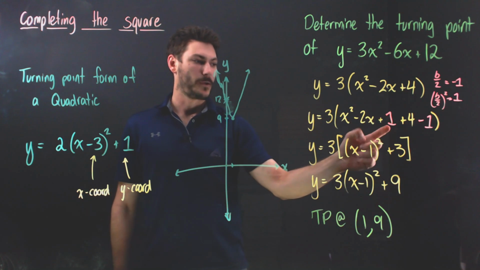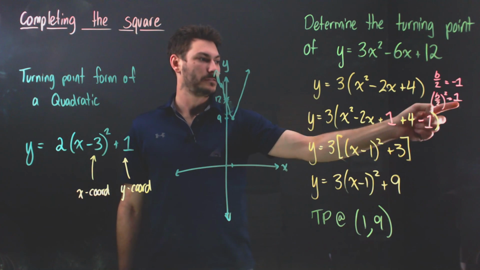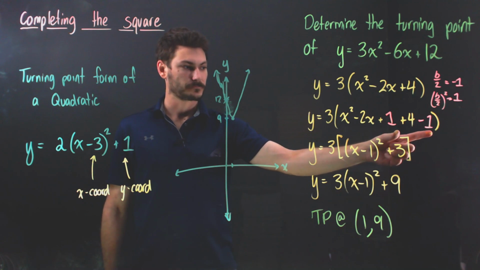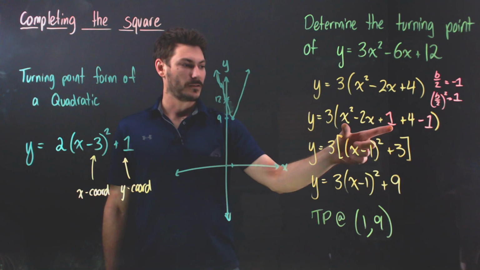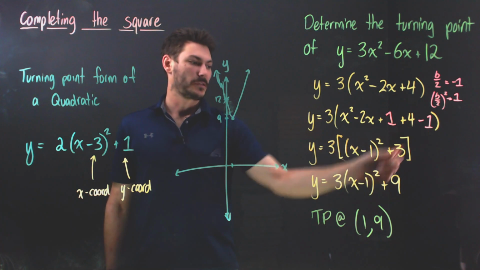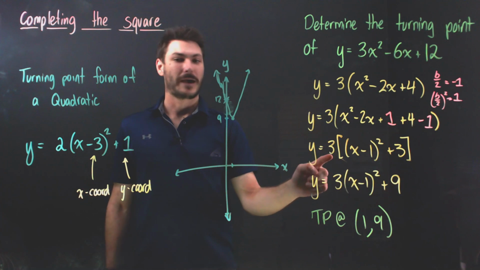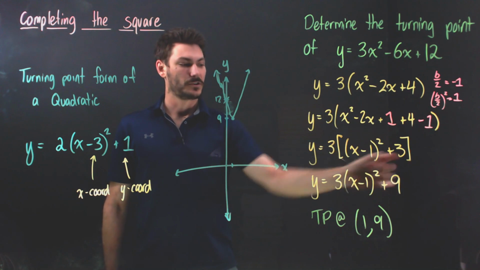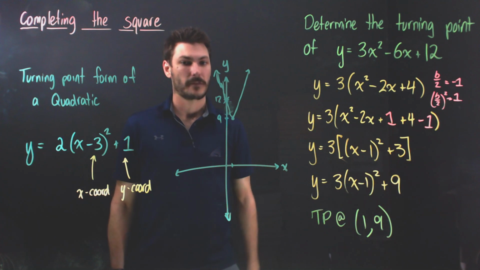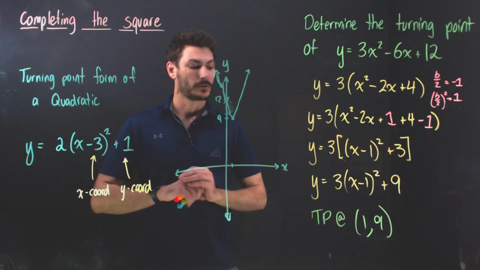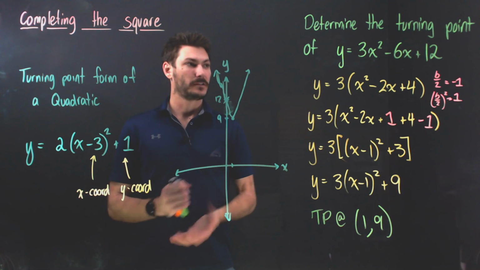But in order to figure out what goes on the end, you need to square it and then add and take it away from both sides to keep the equation balanced. Then the bit, when you add it to the first two terms, is going to be your perfect square. This bit at the end is just an extra constant. And if you have a term outside of your brackets, because you had to factorize early on, make sure you multiply that last term by that constant out the front as well in order to determine the y value for the turning point. So hopefully this video helped.